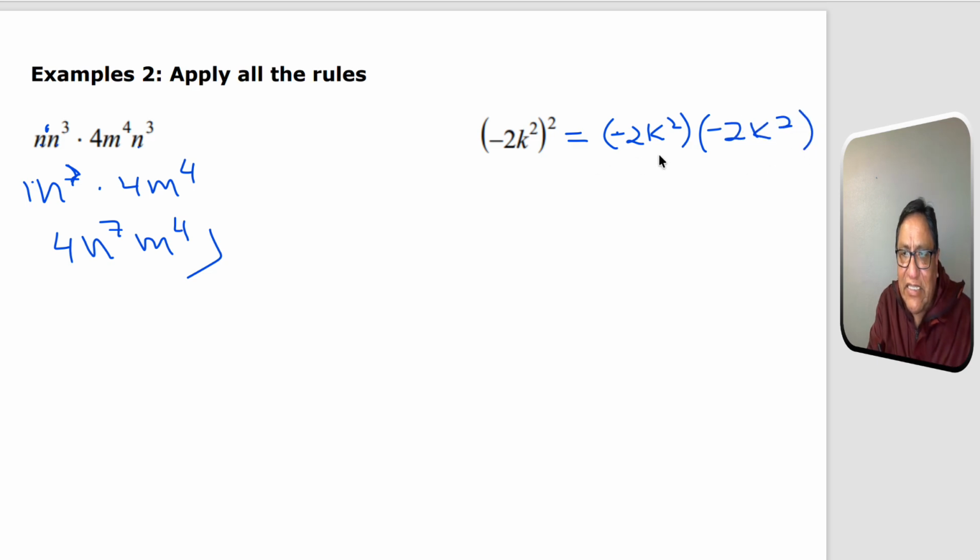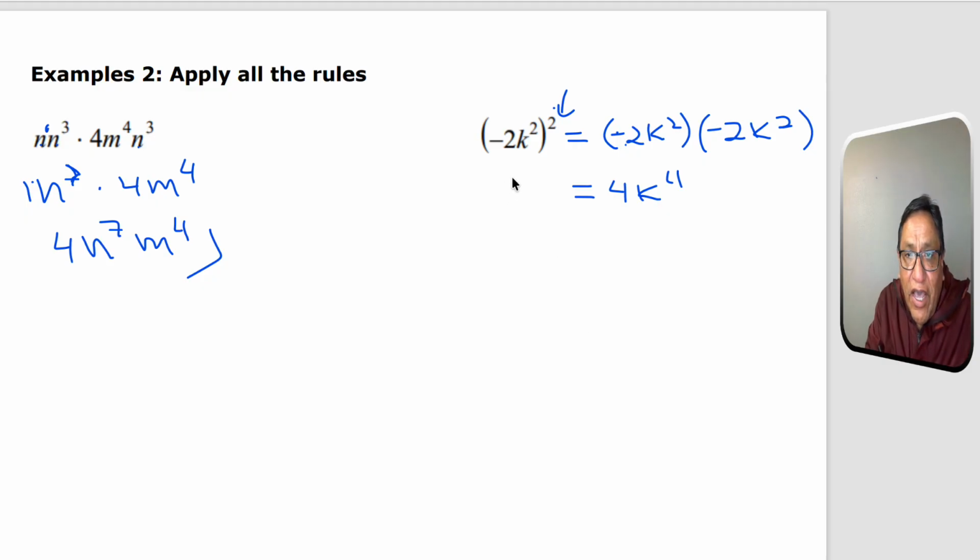Now you can multiply negative 2 times negative 2, which is positive 4. K squared times k squared, we add the exponents, will be k to the power 4.